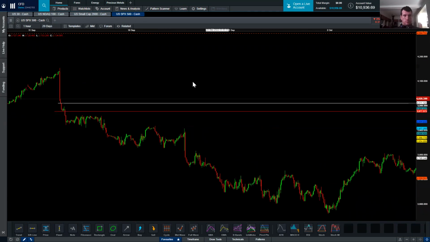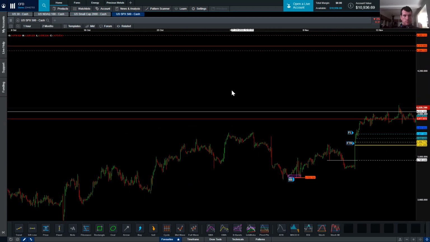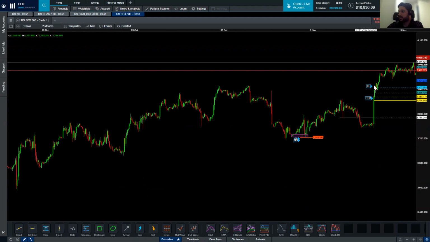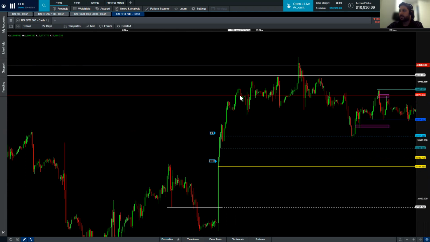So let's go to the chart. You see, as I said, we had a fantastic reaction. This is a good area. When the market pierced through and came back down sharply, this is a great example for the 1 minute chart. If you're looking for scalping, that would be a good area for reversal.